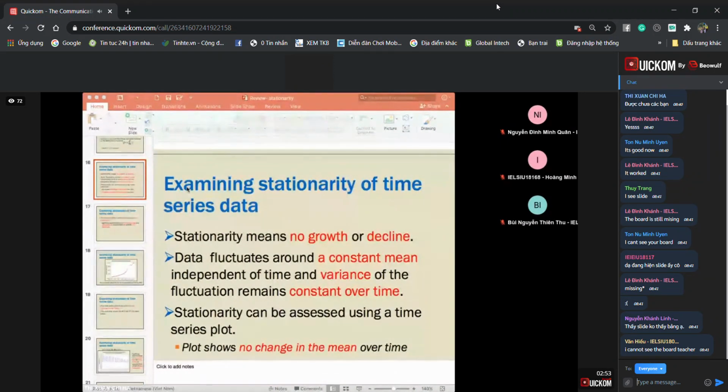So D here is the difference. Why difference? Because our ARIMA model is supposed to deal with non-stationary data. For non-stationary data, we can use ARIMA, but we need to transform it to stationary.